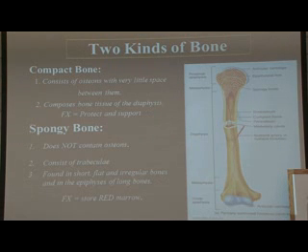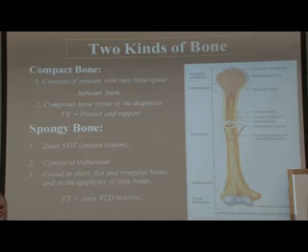Okay, let me do this and then we'll be done. So we already talked about it indirectly. We said that the inside of the epiphysis and metaphysis were filled with a bone that had lots of holes in it, so we call it spongy bone. And spongy bone is where we store bone marrow.